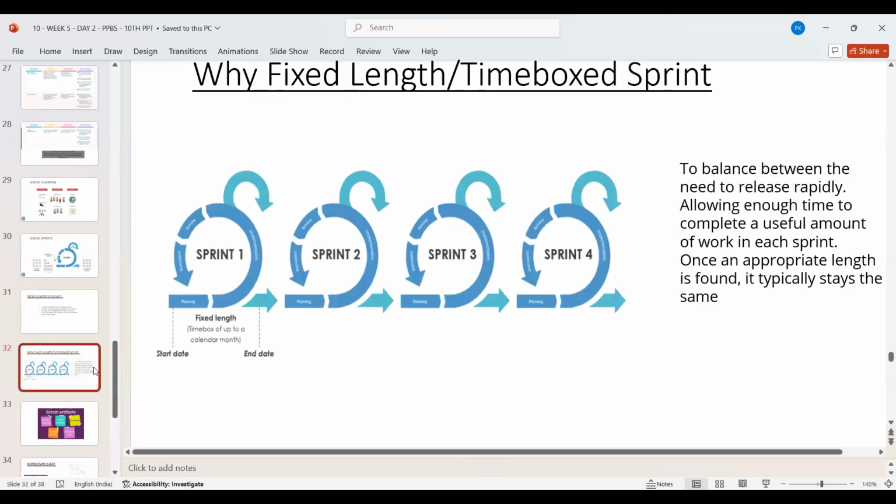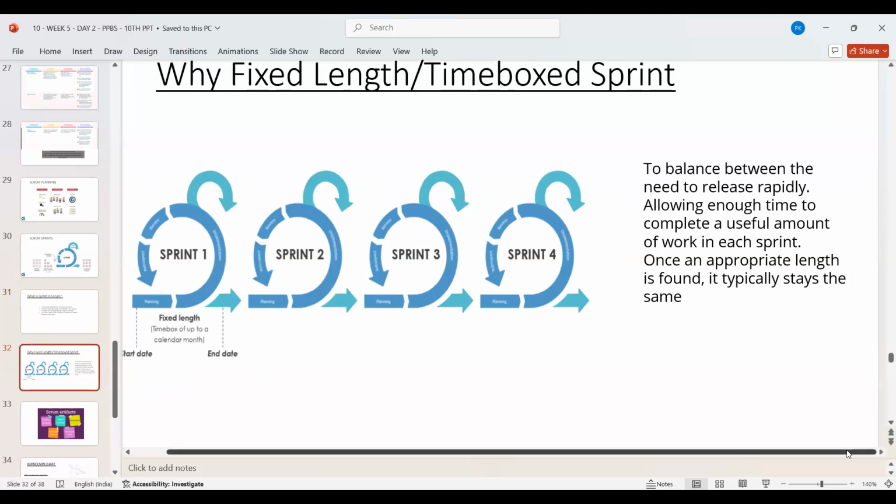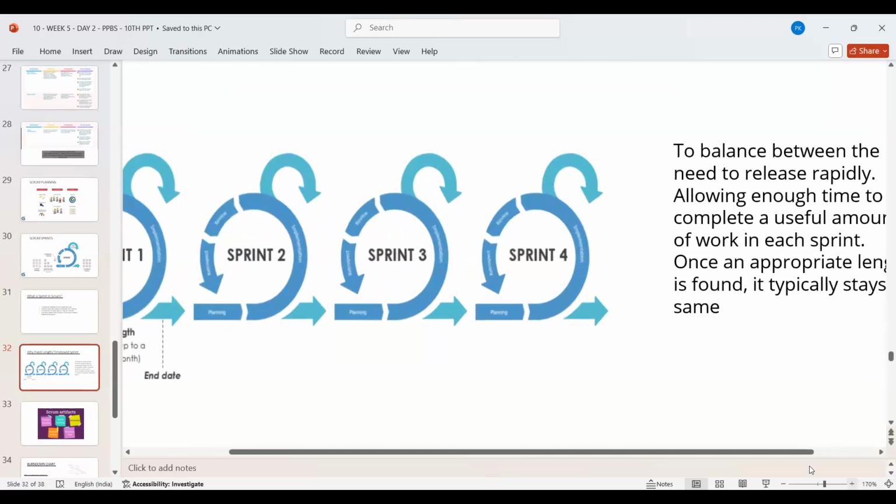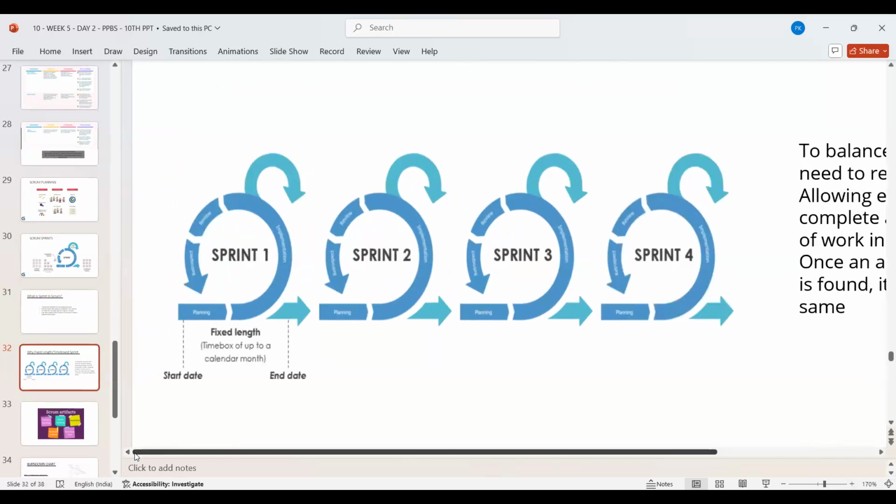Let's move forward. Now, I don't think I need to explain this further. This is sprint 1, sprint 2, sprint 3, sprint 4. Let me enlarge this for you. It says fixed length, time box of up to a calendar month.